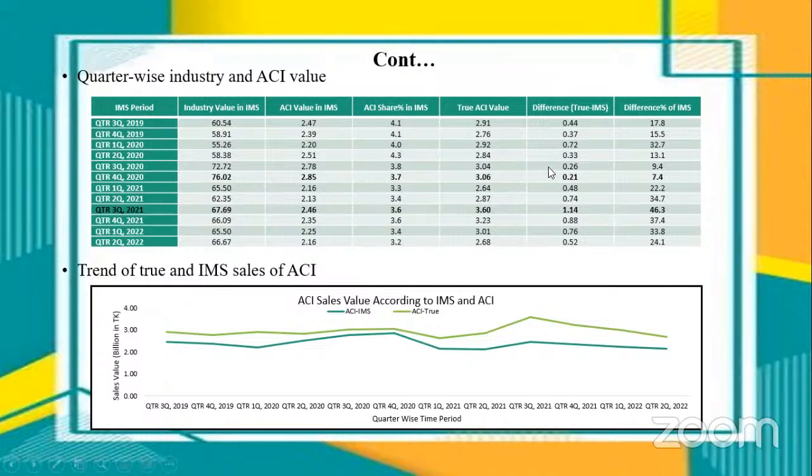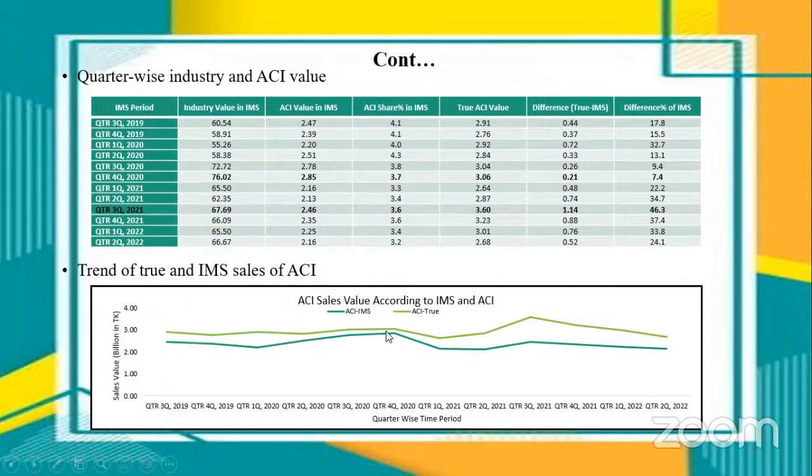And the figure below represents the gap between the true sales of ACI and ACI sales according to IMS. Blue color is the ACI sales of IMS, and this color is the ACI sales according to ACI management.